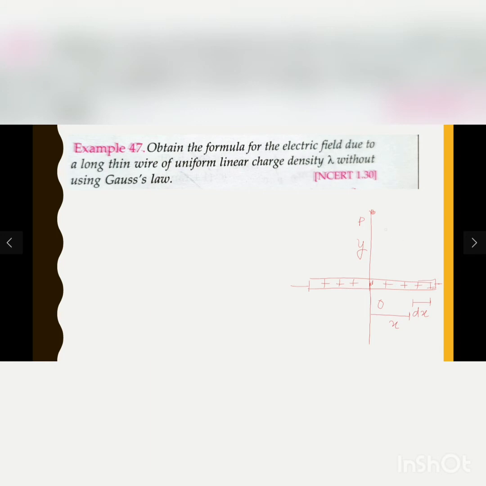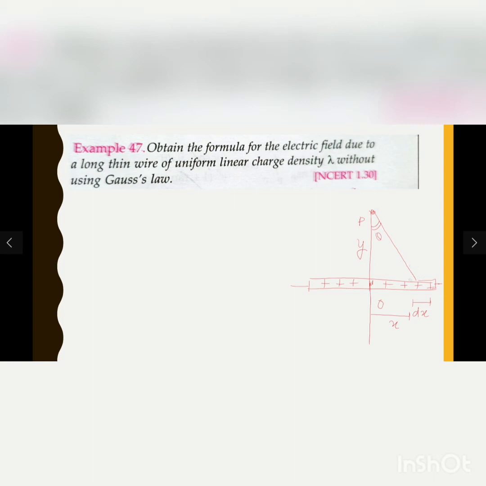So let's join the small element dx to the point P. This angle subtended at the point is called theta. This is the angle between the point P and the element from which we are considering the contribution.